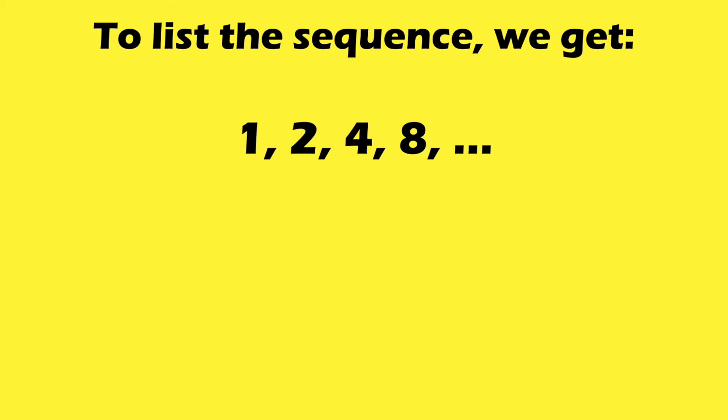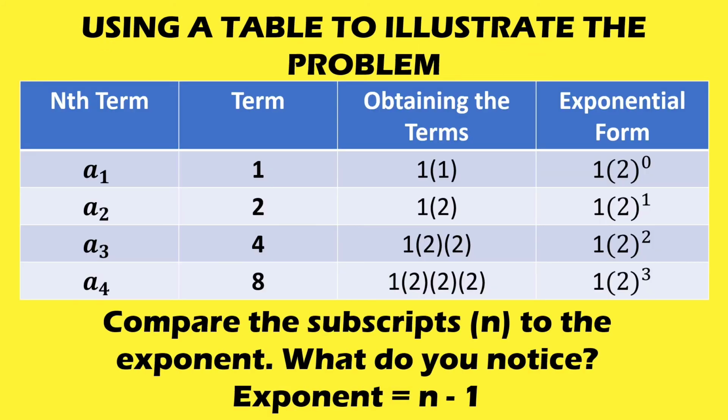To list the sequence, we get 1, 2, 4, 8, and so on. By using the list of terms, we will now use a table to show how we obtained the given terms. For a sub 1, the term is 1, a sub 2 is 2, a sub 3 is 4, a sub 4 is 8.